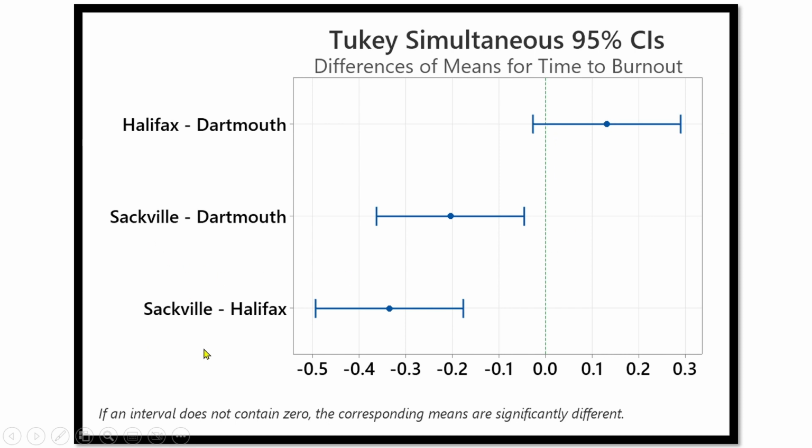For Sackville versus Dartmouth and Sackville versus Halifax, both of these intervals are negative, which is an indication that the population mean response for Sackville is significantly less than the population mean for both Dartmouth and Halifax. So the same conclusions are being drawn as with the table on the previous slide.